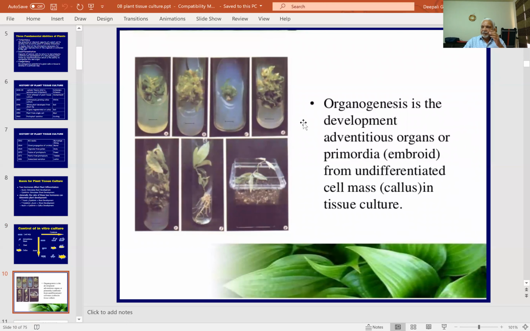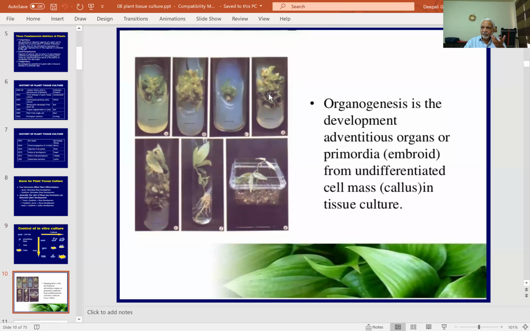So when in vitro the cells are undergoing de-differentiation, you see the callus formation, and then the shoot formation, and then when they change the media, you have the root formation, and then this plant is transferred to the pots or the soil.